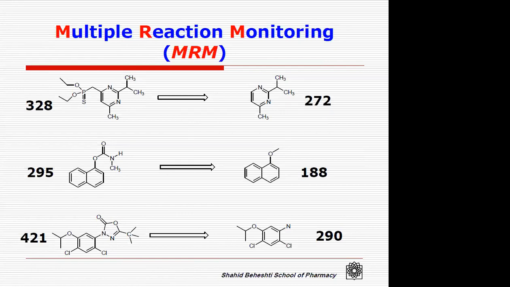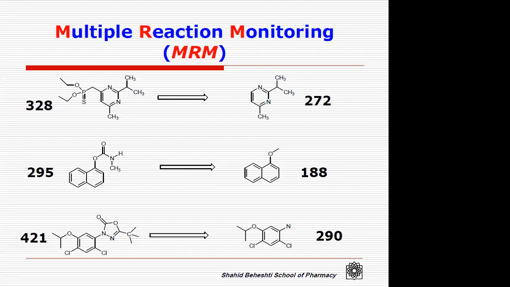The mass spectrometer is so fast that for a couple of seconds, it could monitor the fragmentation of, for instance, 328 to 272 for a couple of milliseconds. The mass spectrometer is going to monitor the first transition, which is 328 to 272.